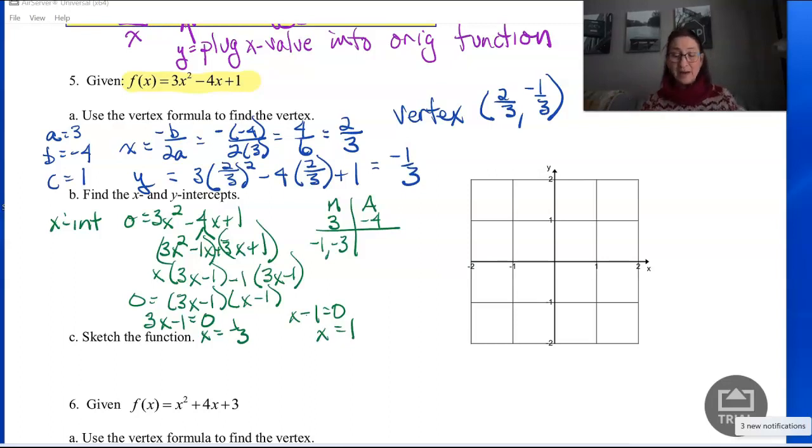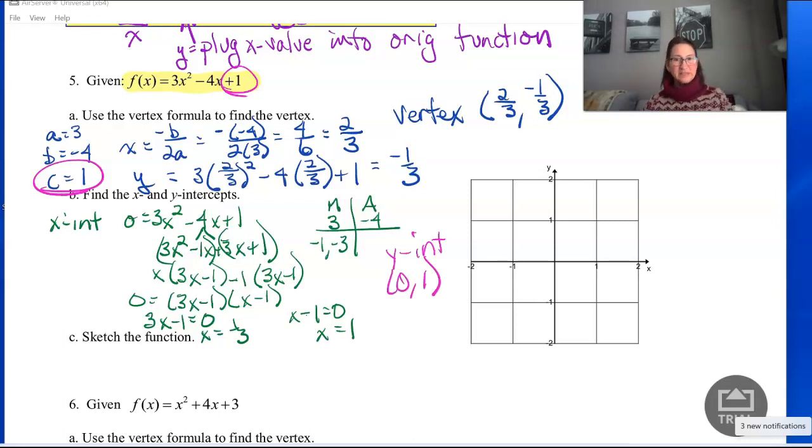Our y-intercept is just like we did before. Same as our c value, 1. So it'll be 0, 1. Let's sketch it. All right, so we've got our vertex at 2/3, negative 1/3. So we just approximate our x value at 2/3, go down 1/3.